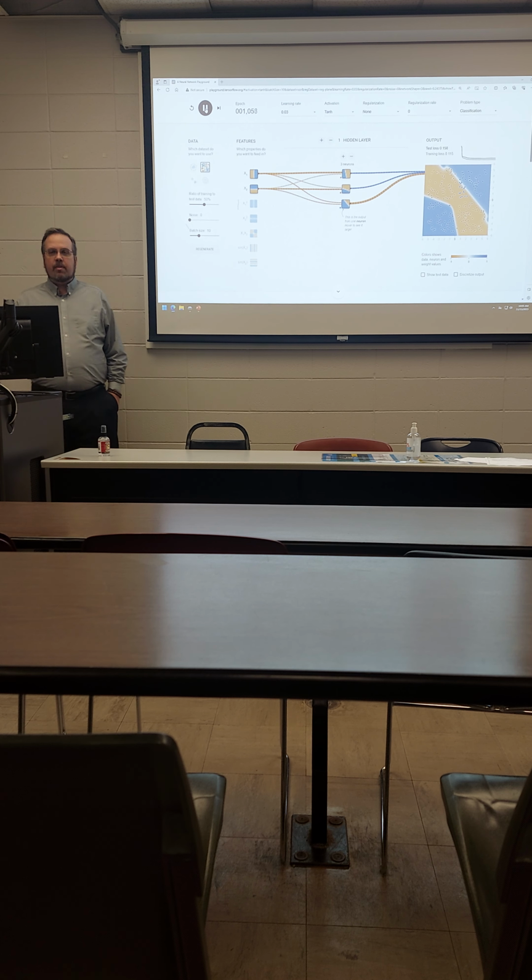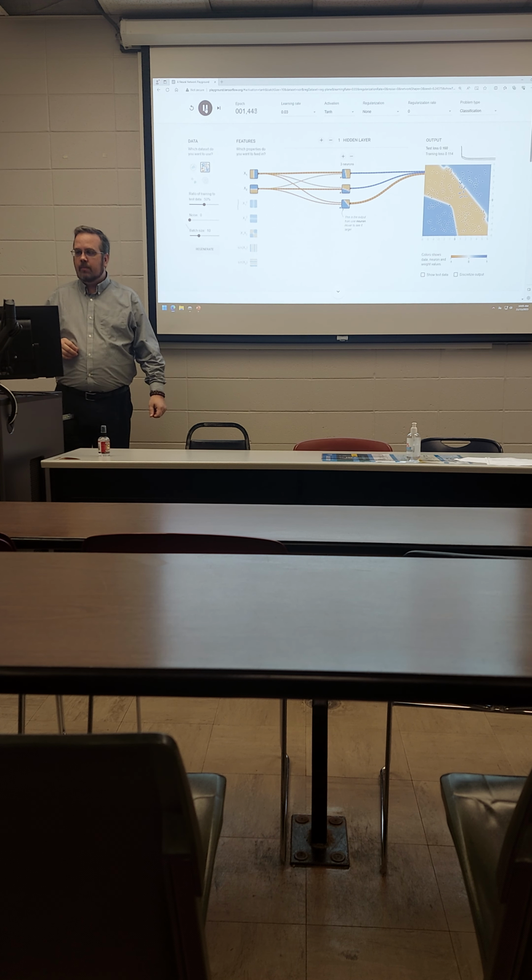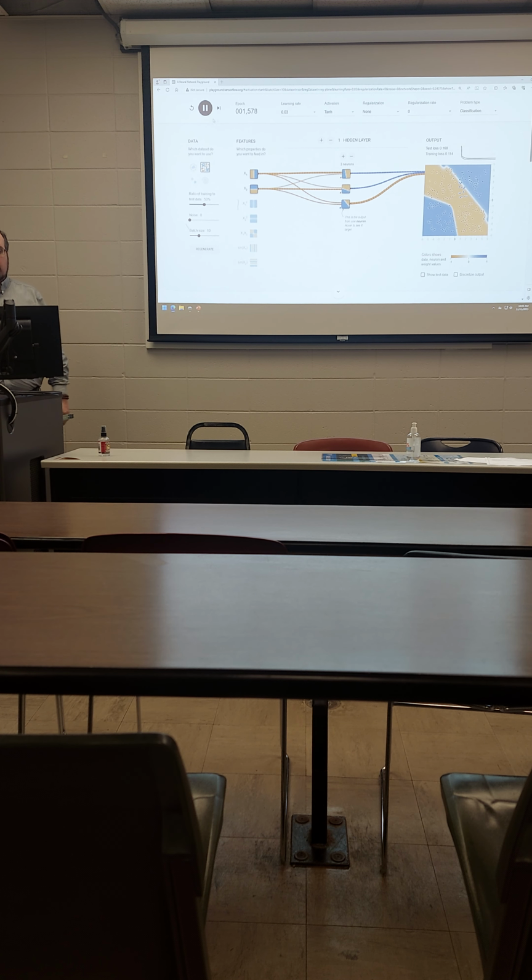Now, I said I can widen it, I can put more neurons together on the width of the system. And the more neurons I put together, possibly the better the surface will get with respect to describing the regions. Right, so at 3 neurons, I wasn't really getting anywhere.